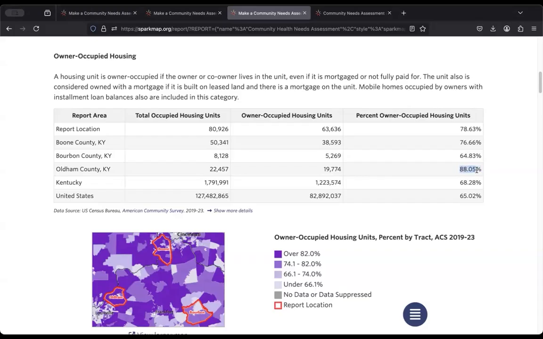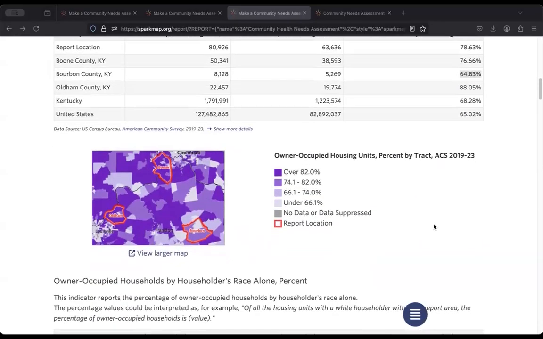So it's always good to see a high number here. But we don't see that necessarily in some of our other counties. So we can see here that a place like Bourbon County, we're not having as much success with folks owning homes. So we can dive a little bit deeper into this to see what it looks like.